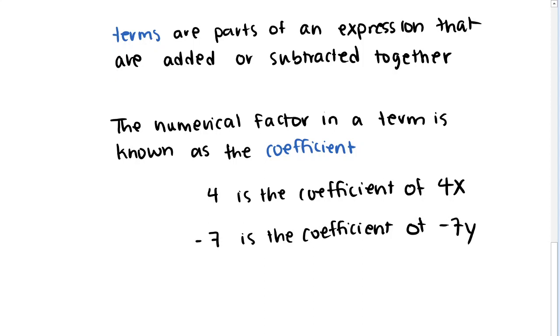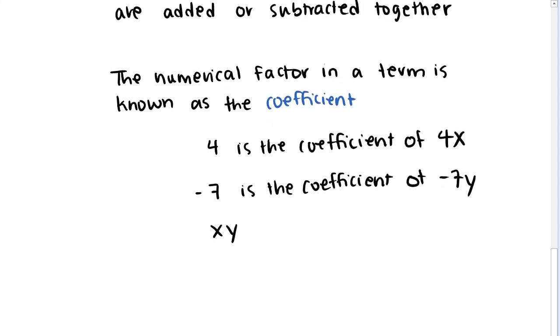What about this next example? What about xy? What's the coefficient of xy? Do you have any guesses? Here, there isn't any number in front. You might think maybe 0, but actually it's the number 1. I can imagine x times y is the same as 1 times x times y.